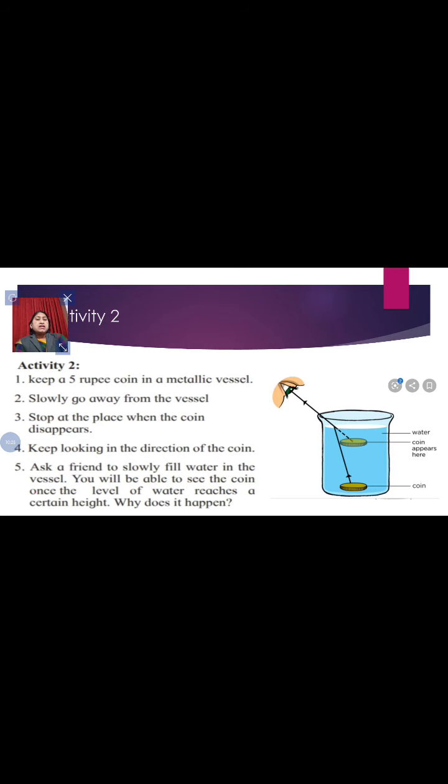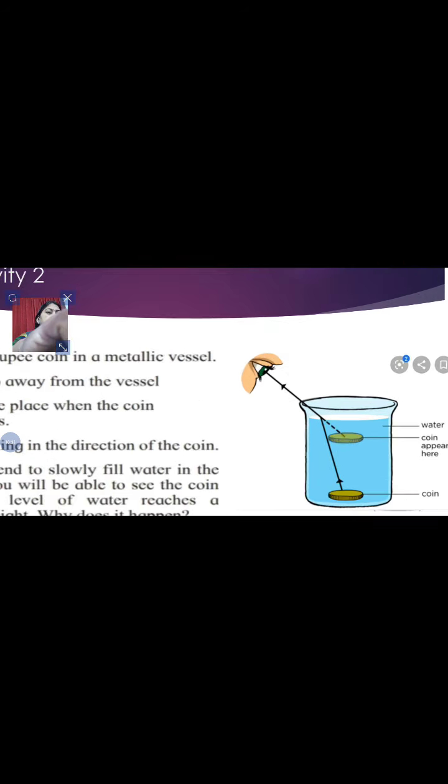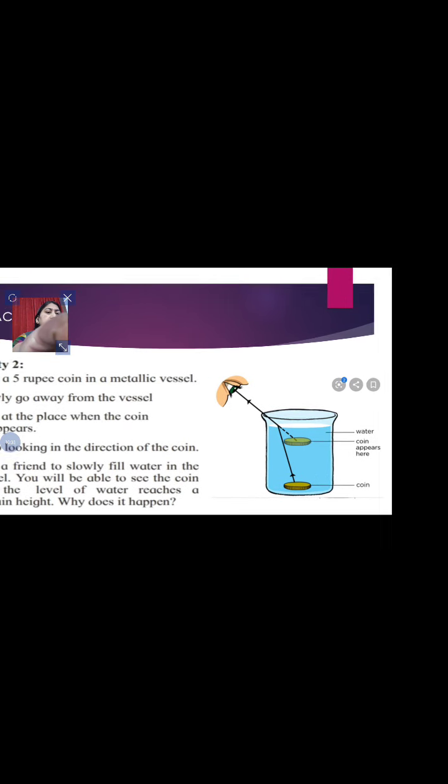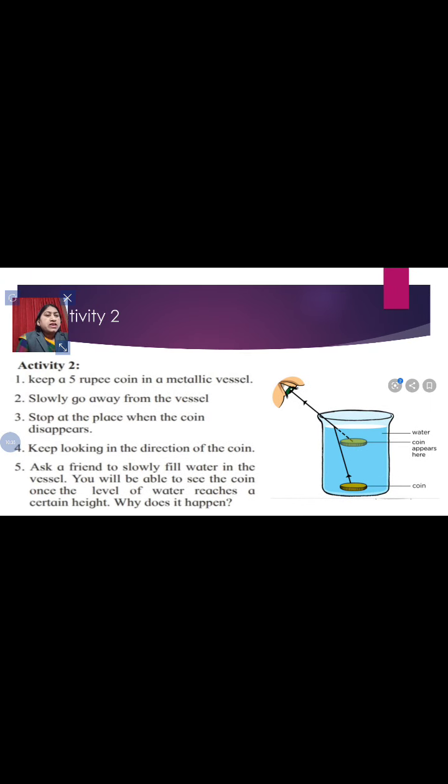That means, see here in the diagram, if we observe, the blue colored part is water, then the real coin is downward at the base of the glass, and to the eye the coin appears here.